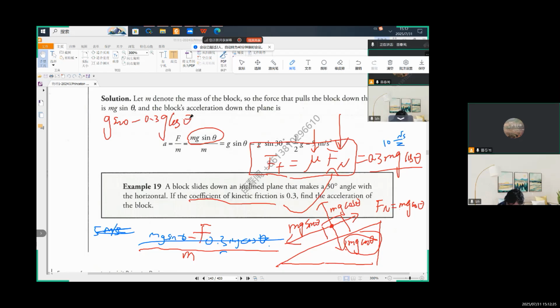Hold on a second. Okay, so it's g sine theta minus 0.3 g cos theta, and you just plug in all the numbers with the 30 degrees. Does it make any sense?